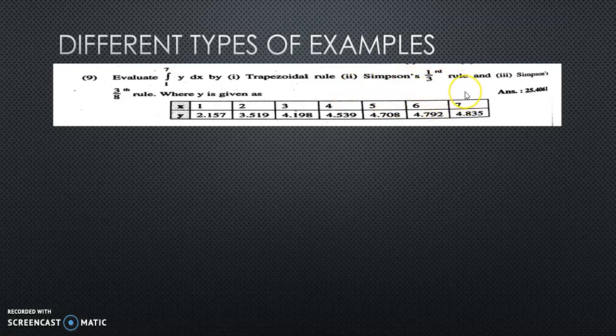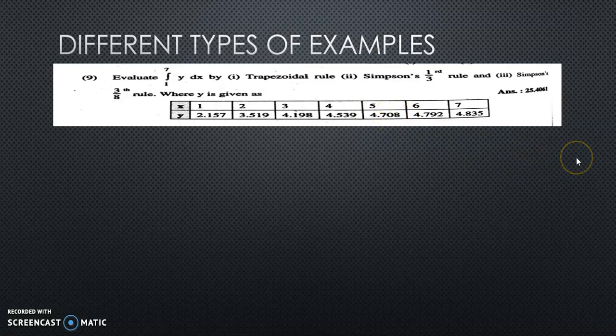So the number of intervals is 6, and the corresponding y values can be denoted as y0, y1, y2, y3, y4, y5 and y6. Here the example is very easy. All values are given, you have all the y values, so you just write down the formulas which you already know, substitute these values, simplify and get your answer.